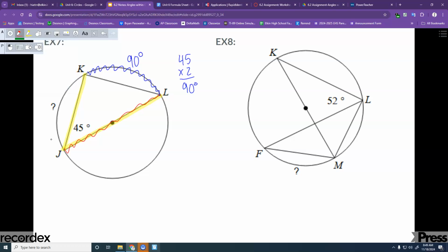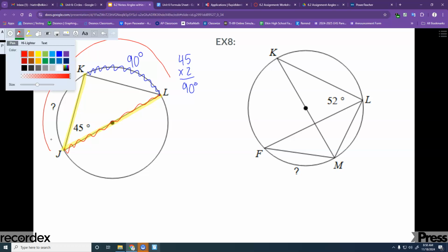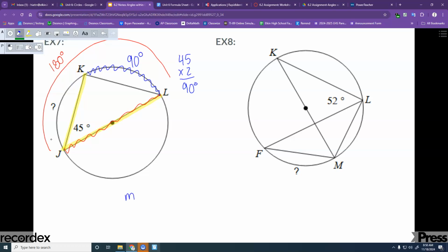It cuts the circle in half, right? That means this whole thing is 180. And to get 180, you could do 90 plus 90, or you could subtract 90 from 180. And the measure of arc JK is going to be 90 degrees. All right, try the next one on your own.